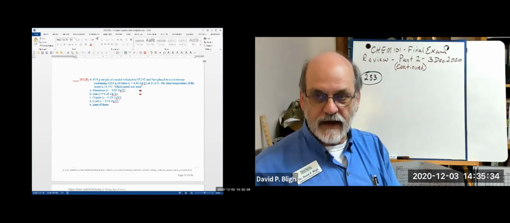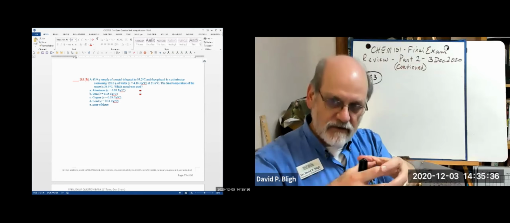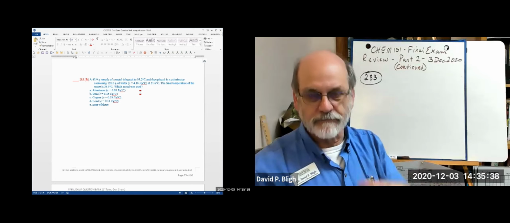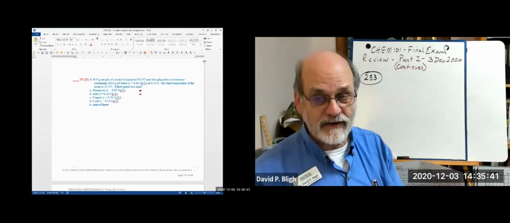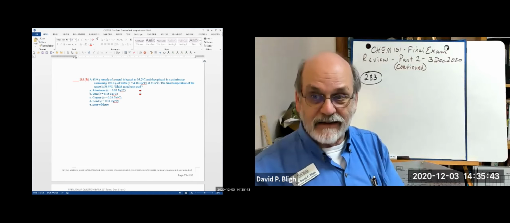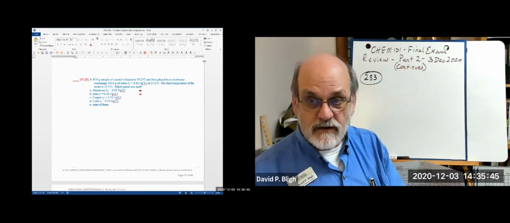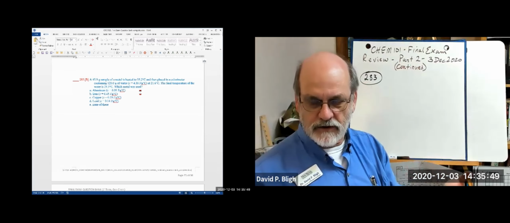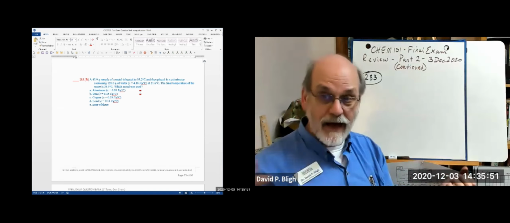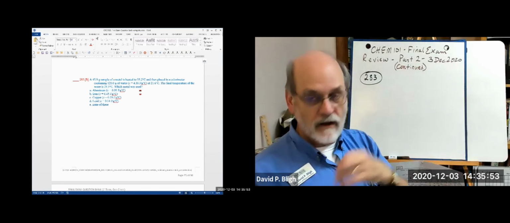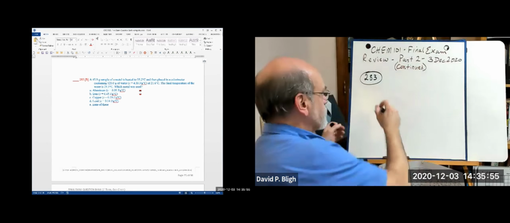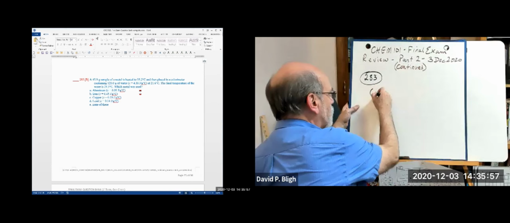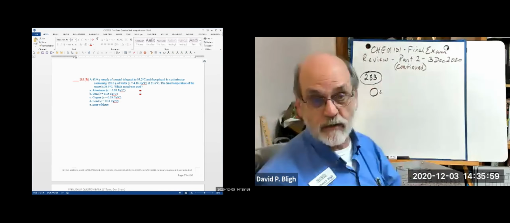So everything that we put in Vegas stays in Vegas, in the calorimeter. That means that everything that happens in there relative to heat has to be equal to 0. We can't create or destroy energy. And since there's none coming in and going out, then whatever's in there stays there. So that means the total has to be equal to 0.